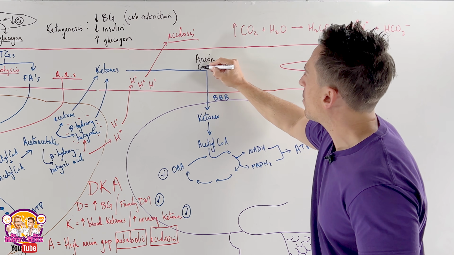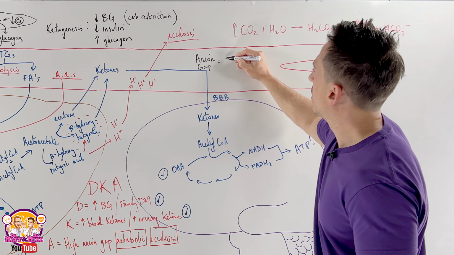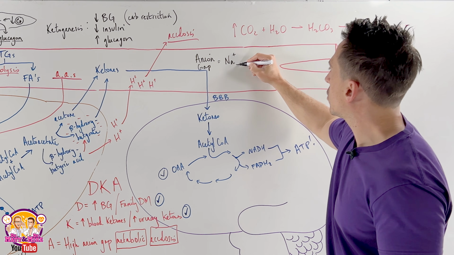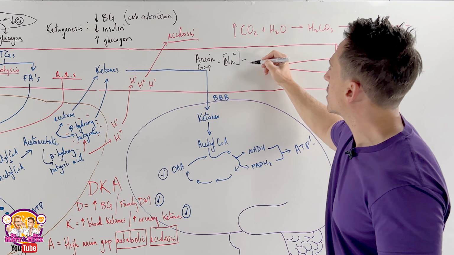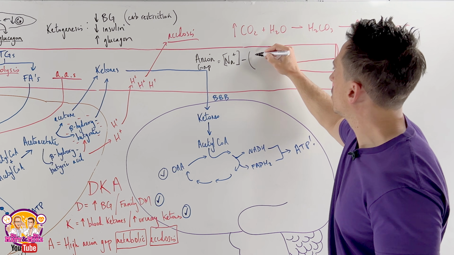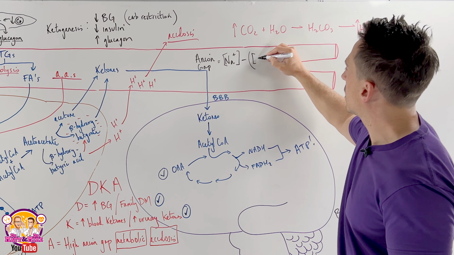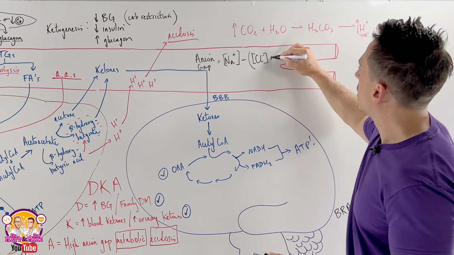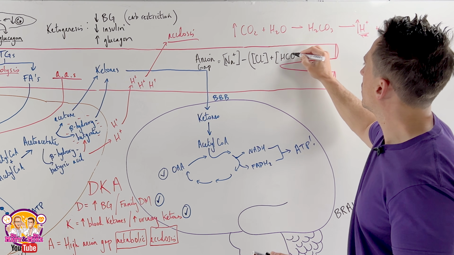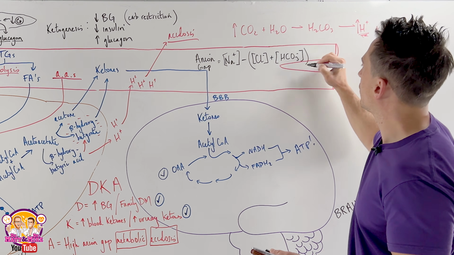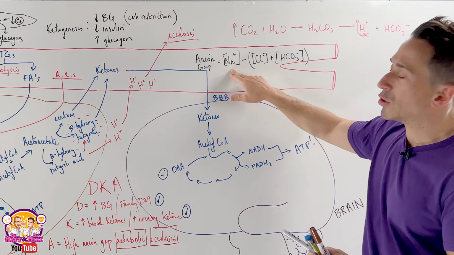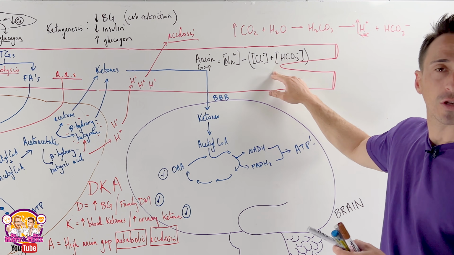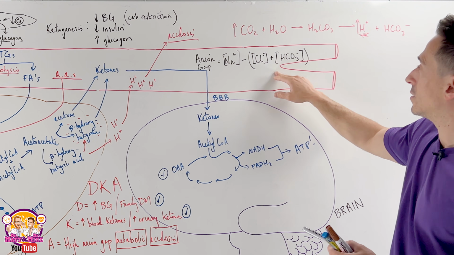The anion gap takes cations like sodium and deducts from that the concentration of things like chloride added to bicarbonate. So here's the most common cation in the body, and here are some of the most common anions in the body.